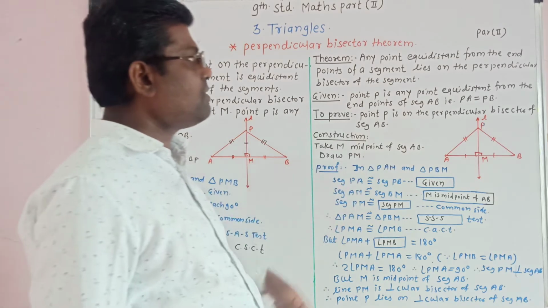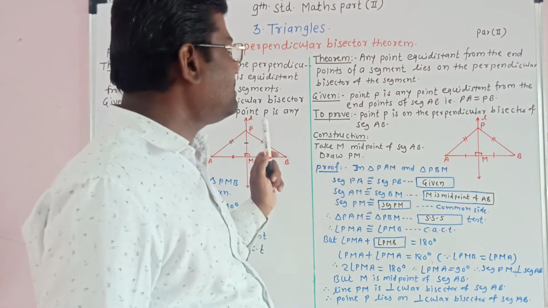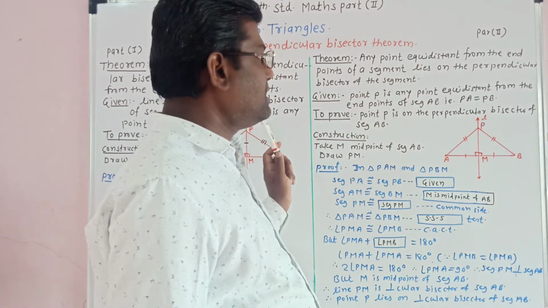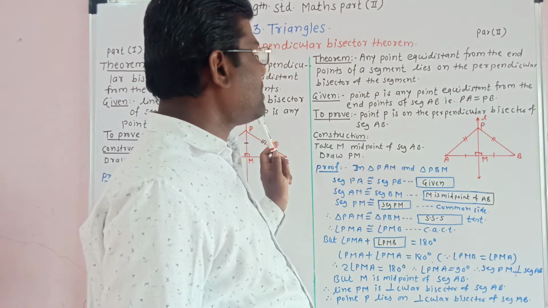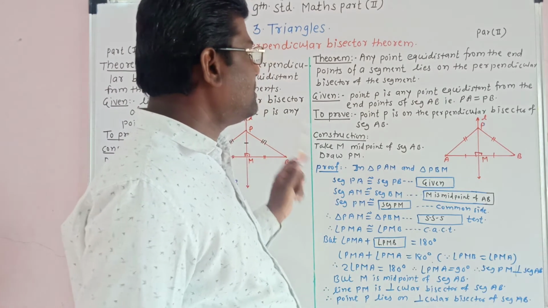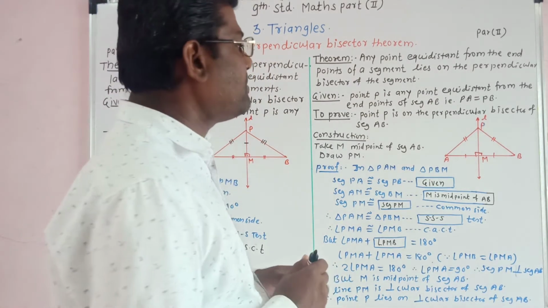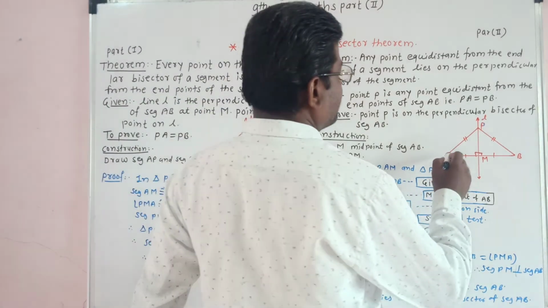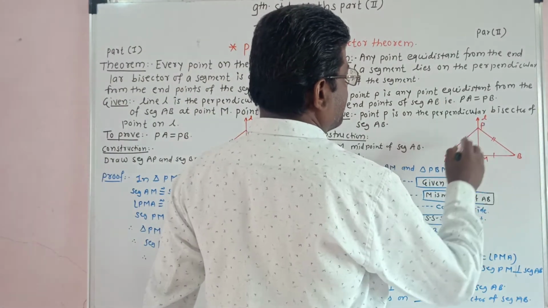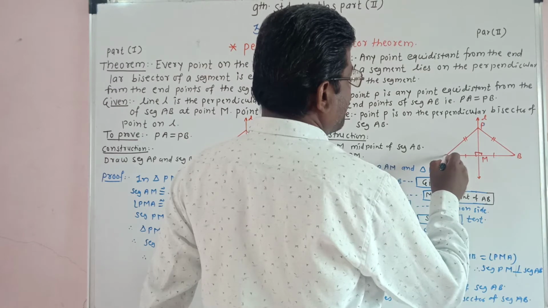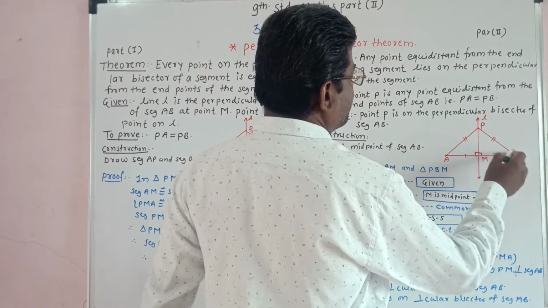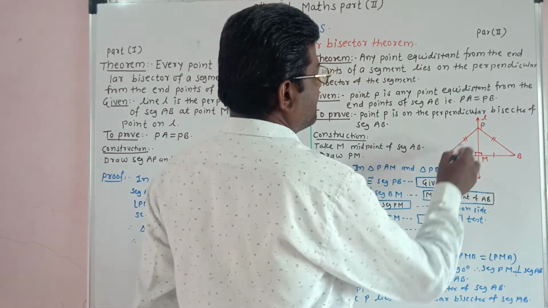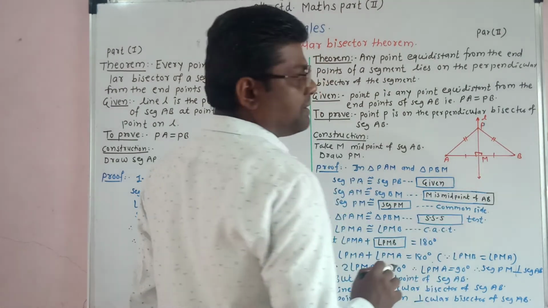Now its converse is given in part second. Any point equidistant from the endpoints of a segment lies on the perpendicular bisector of the segment. Let P be a point which is equidistant from point A and point B, that is PA is equal to PB.